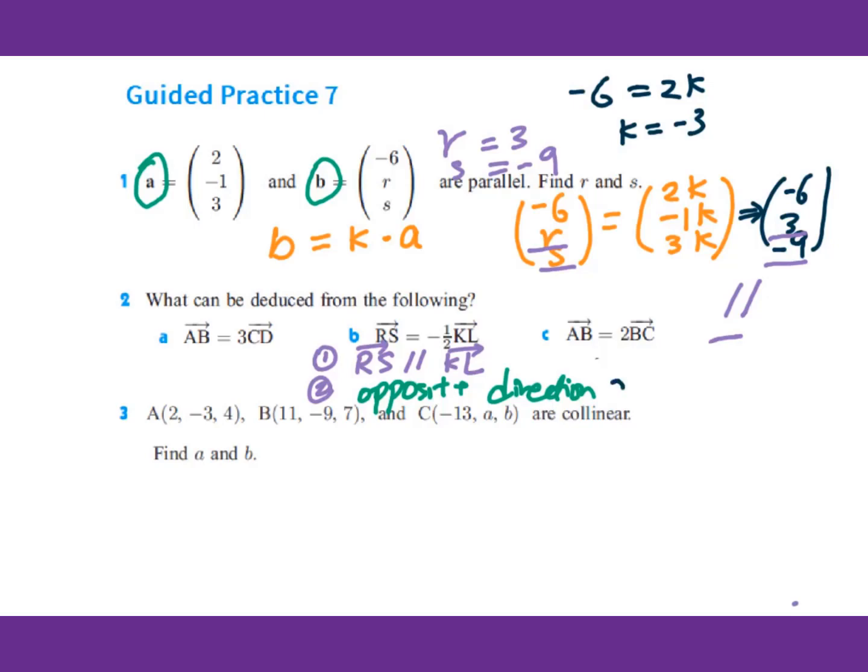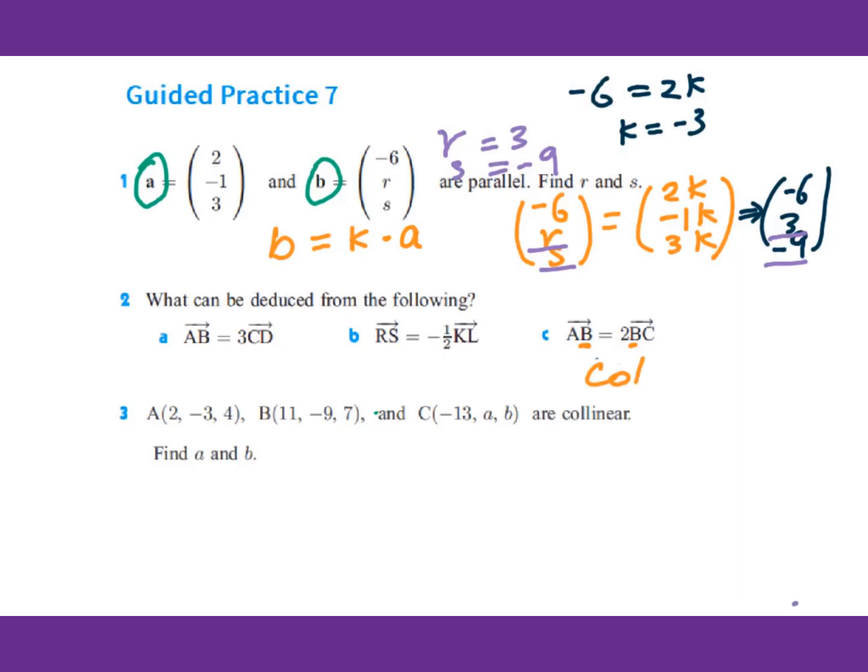Third, that's the magnitude of vector RS equals 1/2 the magnitude of vector KL. For C, I have AB and BC, which means collinear.